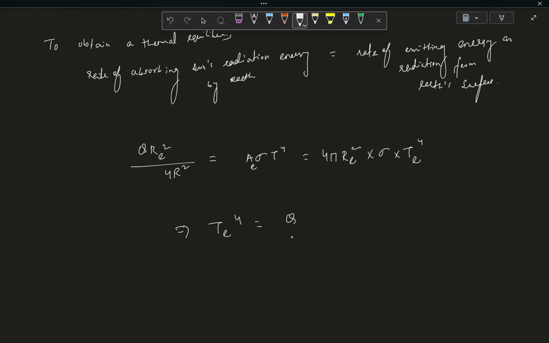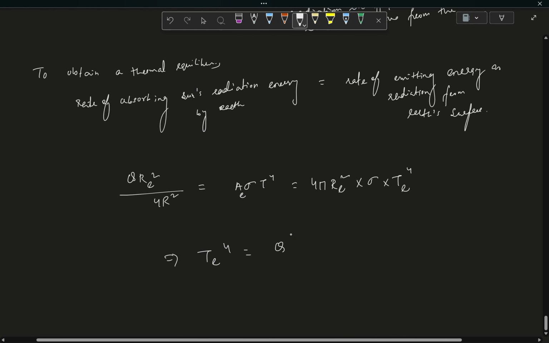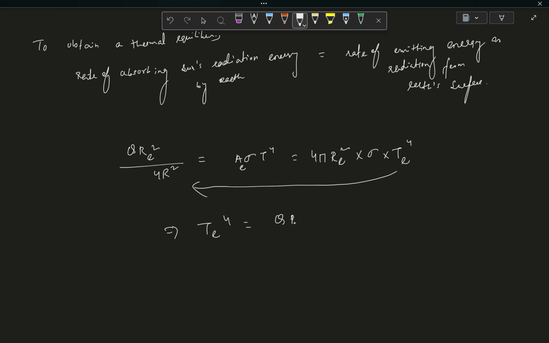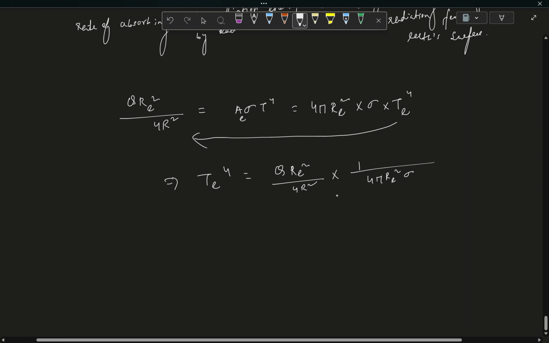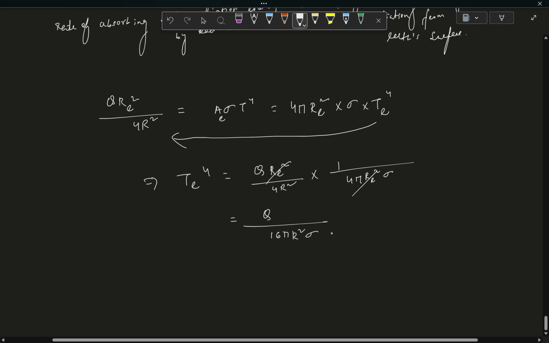So we have to put multiple expressions, but let us first simplify that. What is T_e? From here T_e to the power 4 is Q r_e squared by 4 r squared into 1 by 4 pi r_e squared sigma. So this and this cancel out, and you get Q by 16 pi r squared sigma.